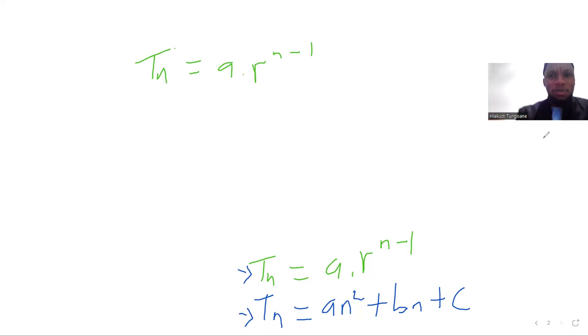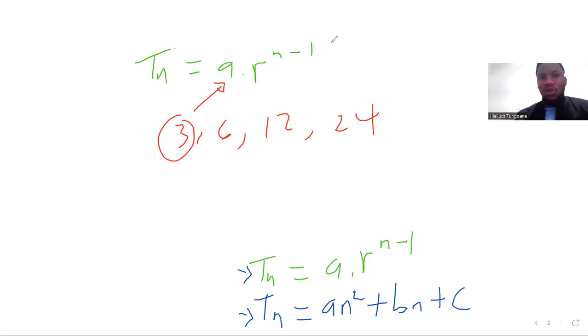Let's show an example. Remember our sequence was 3, 6, 12, 24. In this case, A will be 3, the first term in your sequence. And R will be the ratio between consecutive terms, that constant ratio.